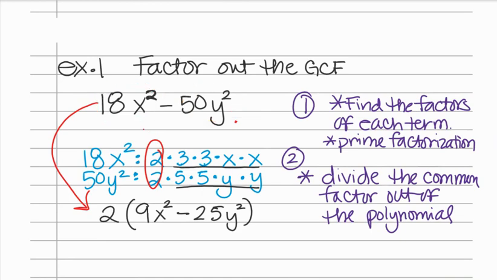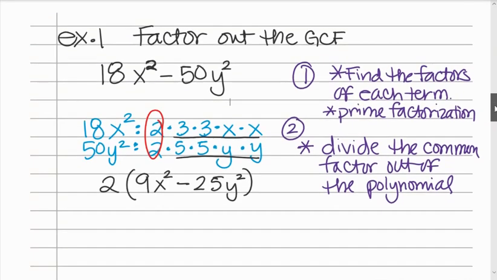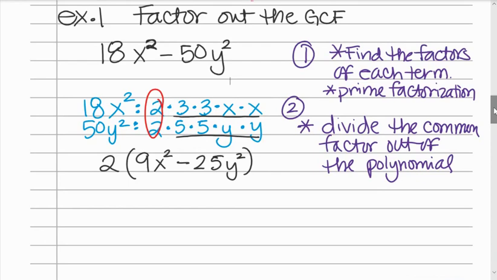Okay, so off to the side, just so that you have notes, and I said it wrong a second ago, we were looking at 18x squared divided by 2, not 2 divided by 18x squared. So all we did was we said 18x squared divided by 2, and we got 9x squared. Then we said 50y squared divided by 2 is 25y squared.